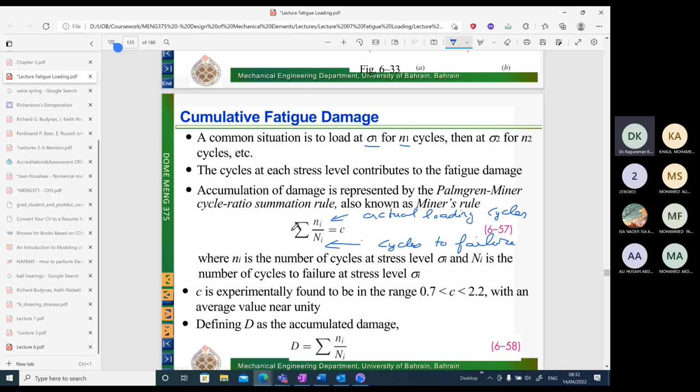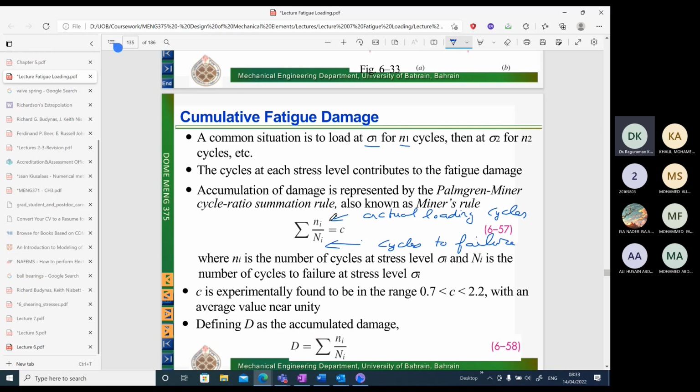So how many cycles of load you have applied? If you take the ratio of small n to capital N for a given cycle, and let's say we have 3 different cycles, then you add these ratios. The sum of these values will be equal to some constant, and this is found experimentally.